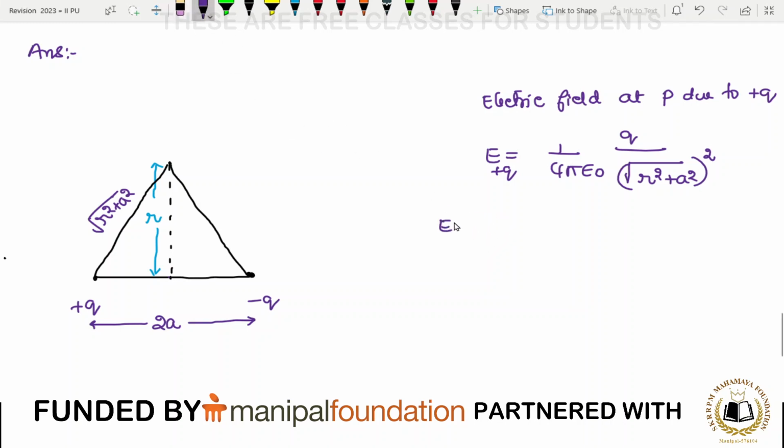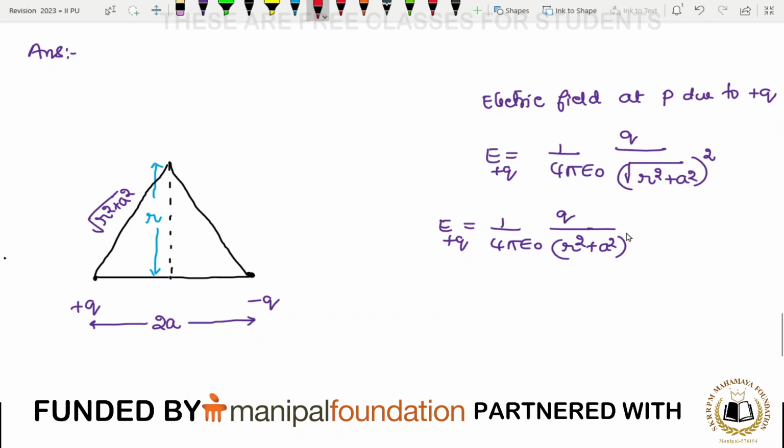So E plus Q is equal to 1 by 4 pi epsilon naught Q divided by r square plus a square. Root will cancel. So what is the direction here?